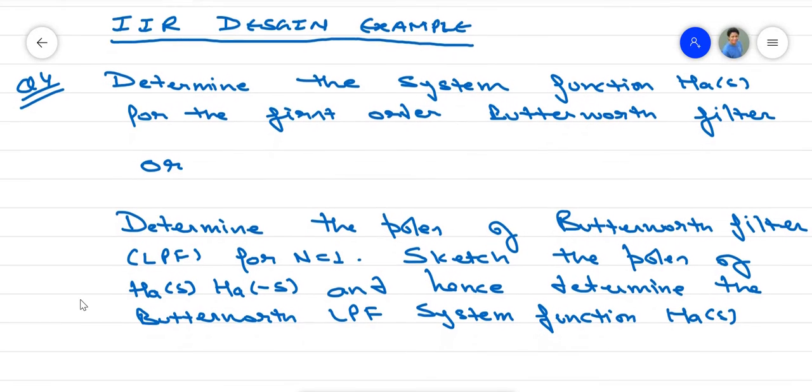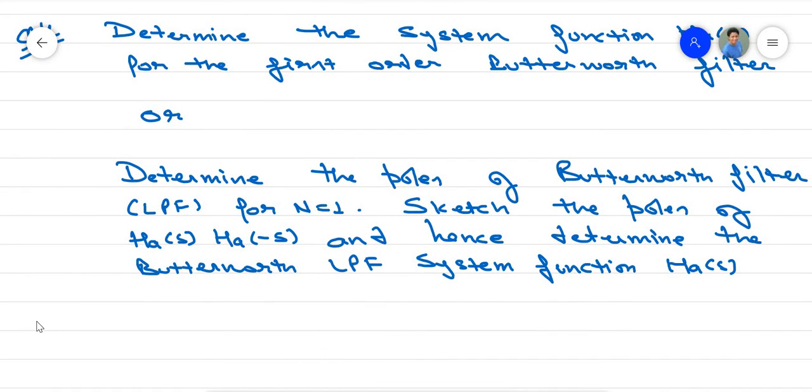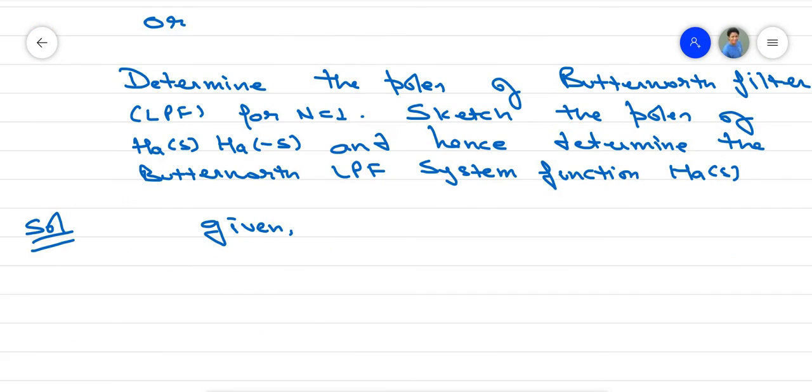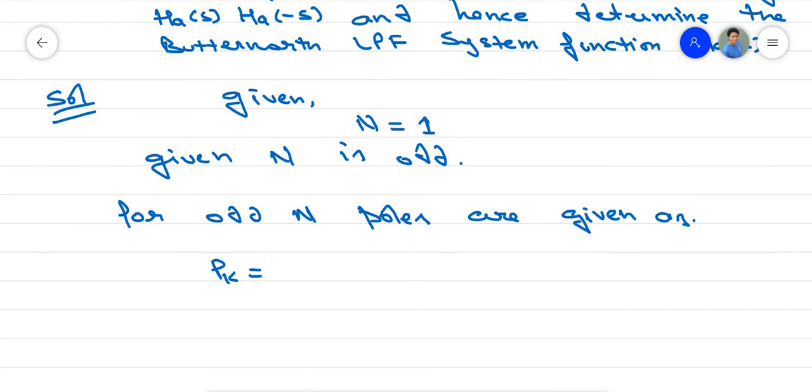So this particular problem can be written in two types of question. Then we will start our solution with the given terms. N is given as 1, first order. By seeing n equals 1, we know n is odd, and for odd n, poles are given as omega c exponential j k pi by n for k equals 0, 1, 2 up to 2n minus 1.